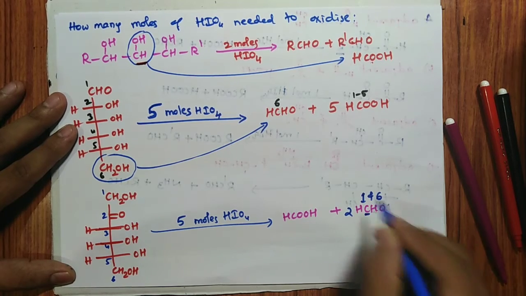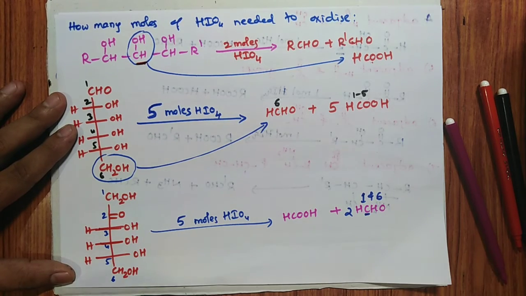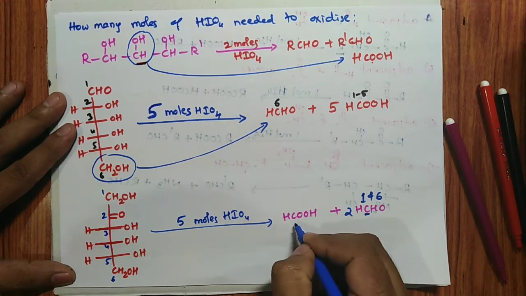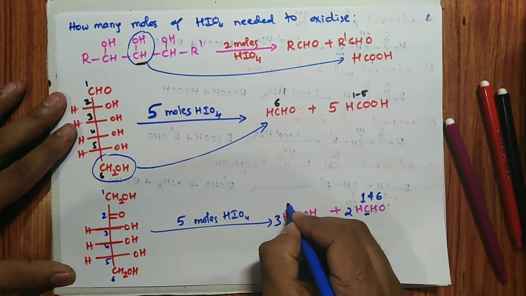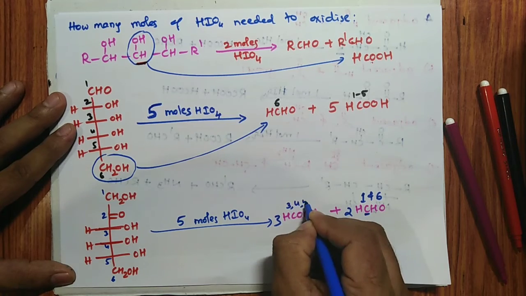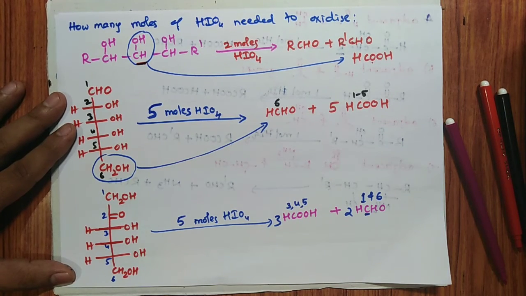Then remaining, remember, are carbons 3, 4, 5. You are going to get 3 moles of HCOOH from the 3rd, 4th and 5th carbons.